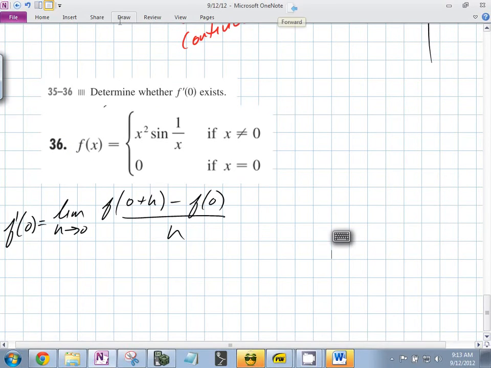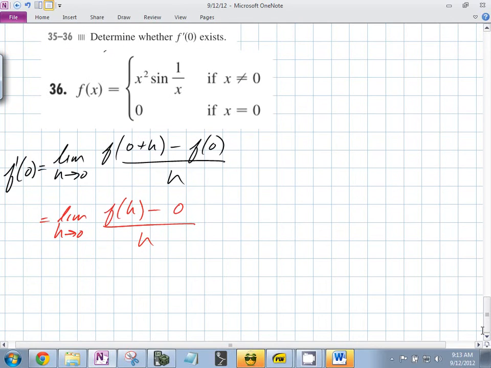It's 0, right? So what do we have? We have the limit as h goes to 0 of f of h minus 0 all over h. So we end up with the limit as h goes to 0 of f of h all over h. Now, as h goes to 0, what is the function?